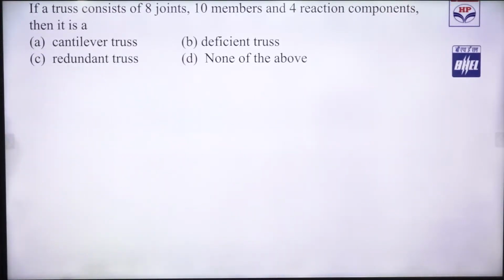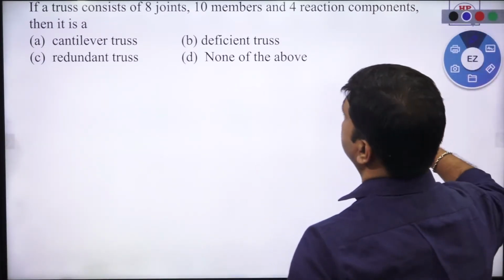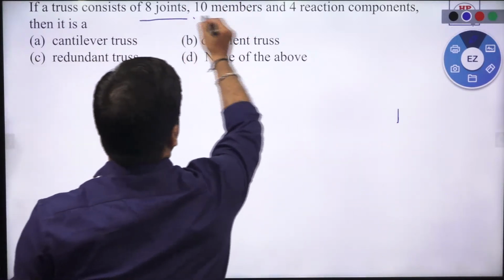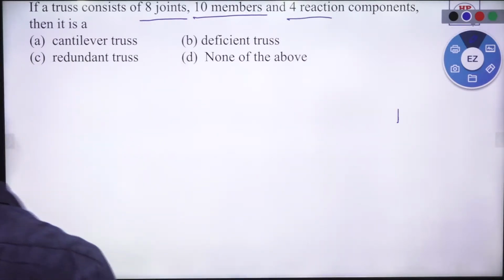Let's solve this one. So the question is saying that if a truss consists of 8 joints, 10 members and 4 reaction components, then what is it?